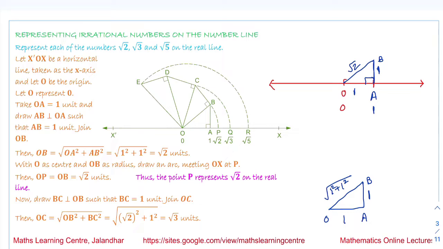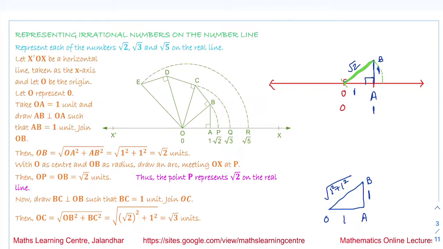Now we have to draw this square root 2 length on the number line. To do this, we open the compass over here. This is our length square root 2. We keep our compass here and draw a circle with this radius.